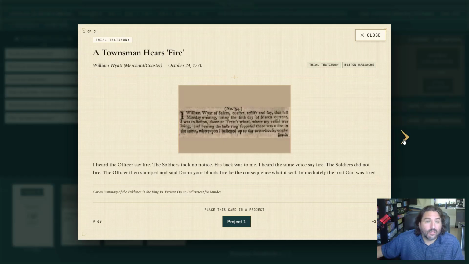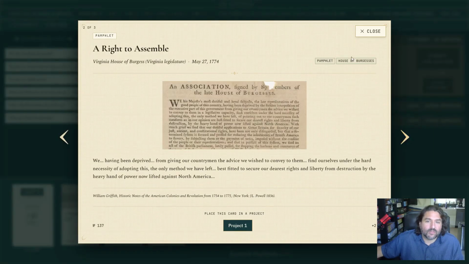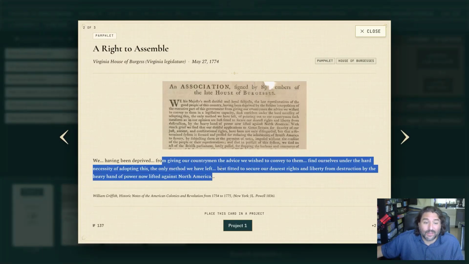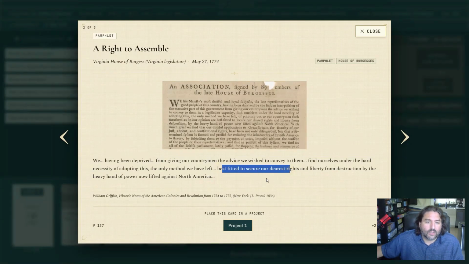I have, okay, a Boston Massacre article, a testimony from an individual who's definitely colonial, definitely saying that the soldiers cried for fire. The next one is a House of Burgesses document. It's definitely a colonial perspective, definitely political as well, talking about dearest rights from destruction by the heavy hand of power.